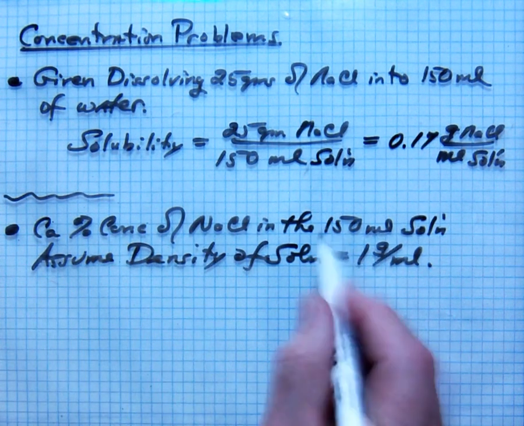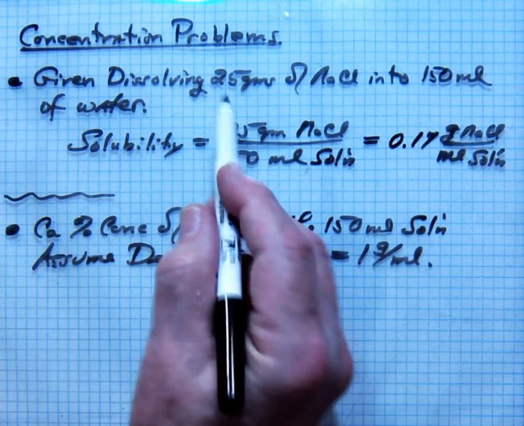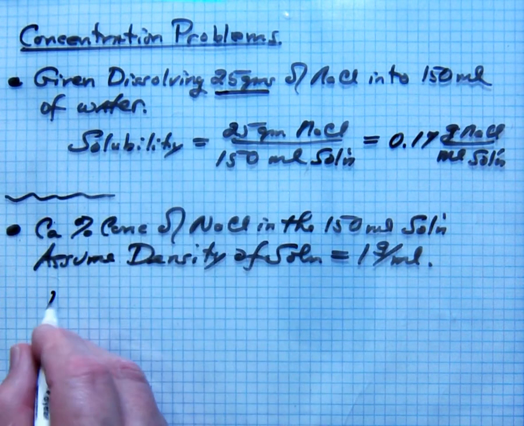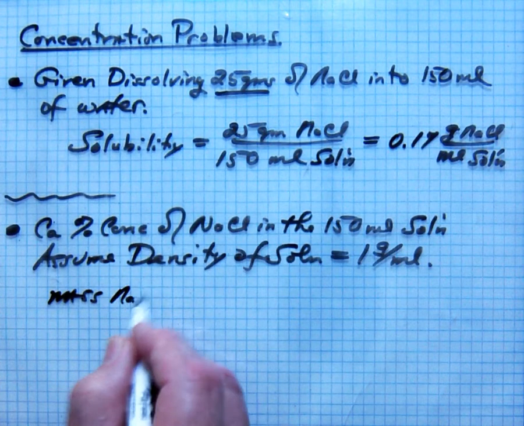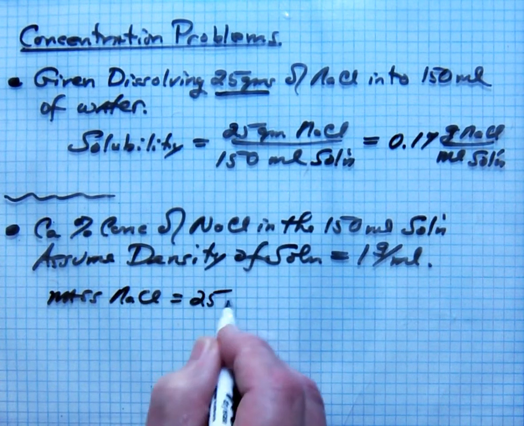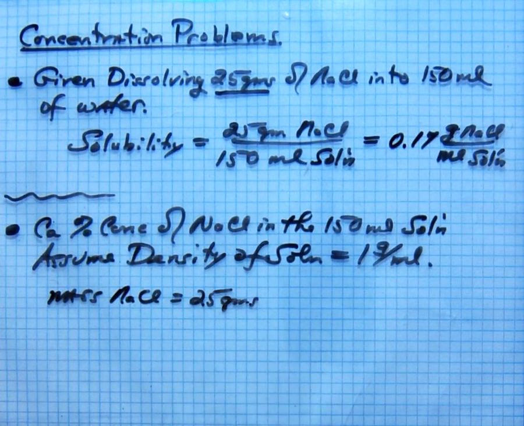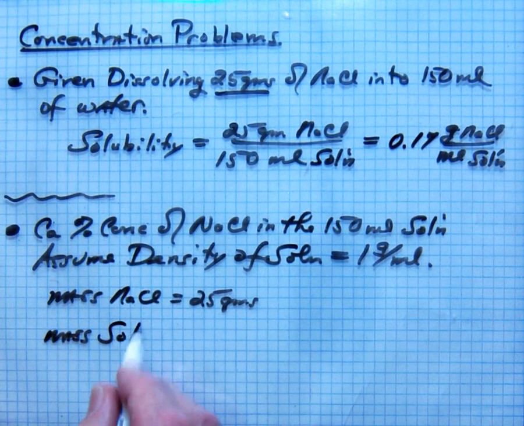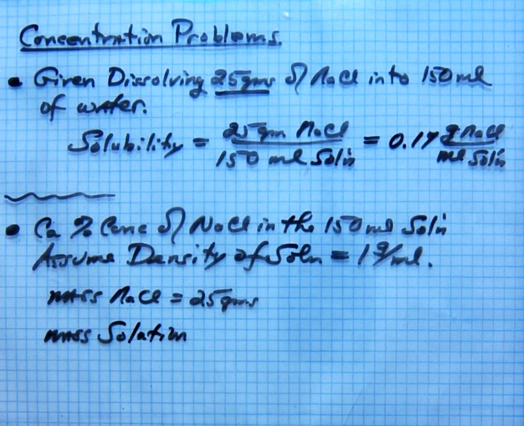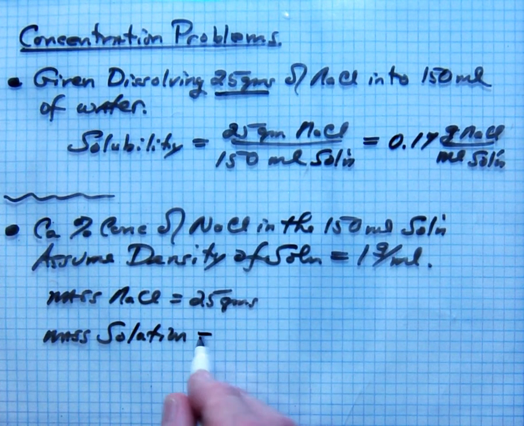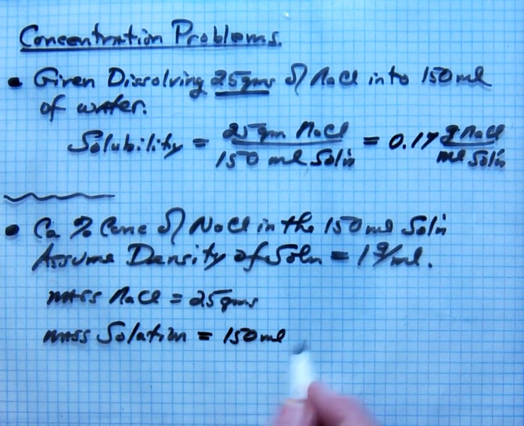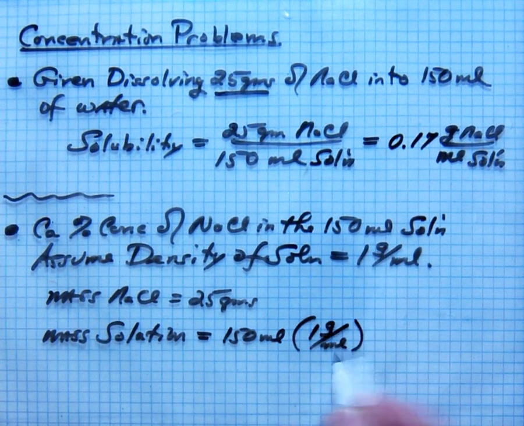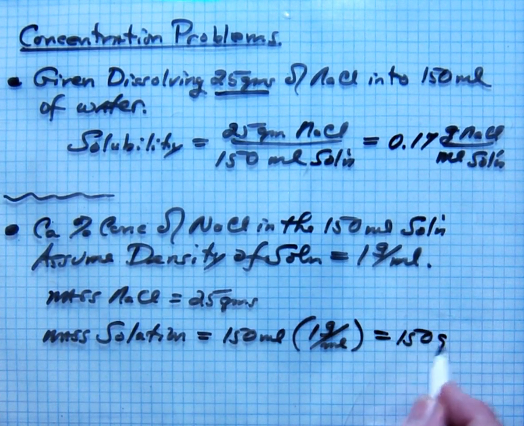So if we have 150 milliliters, and we'll use the 25 grams that we had up here, then the mass of NaCl is 25 grams from problem 1, and the mass of solution, both solute and solvent, is 150 milliliters, of course, times 1 gram per mil, which of course gives us 150 grams.